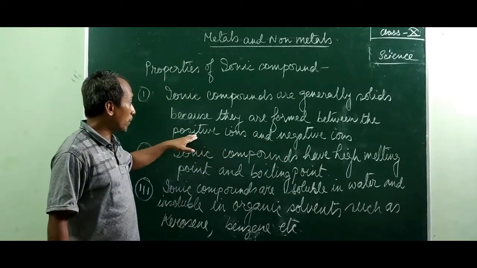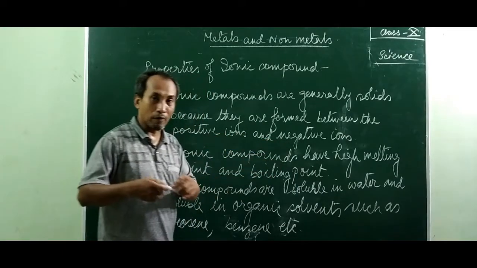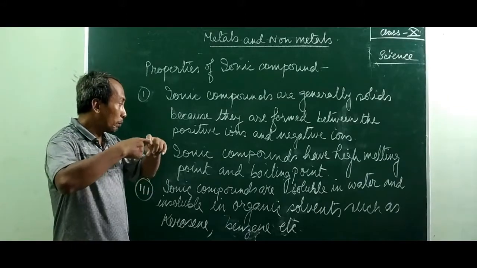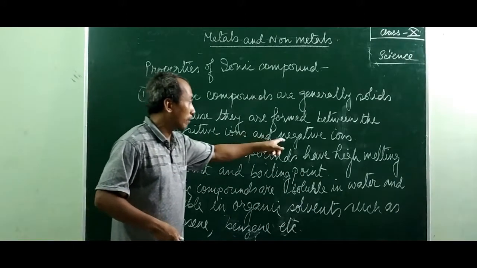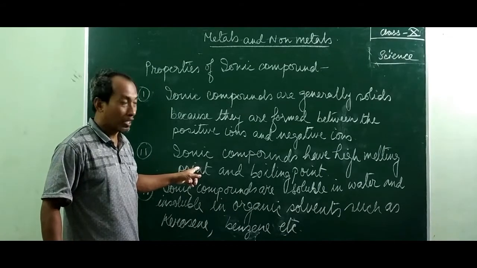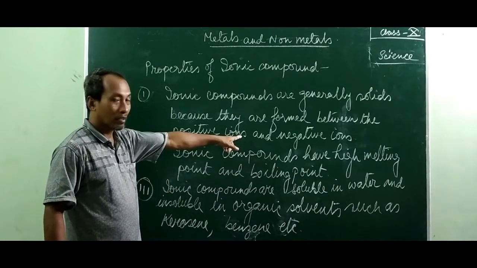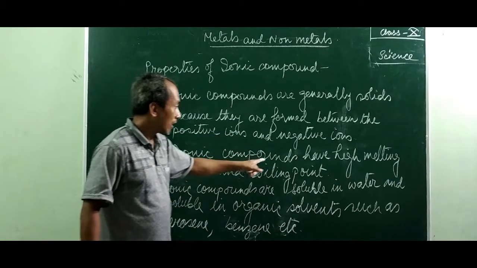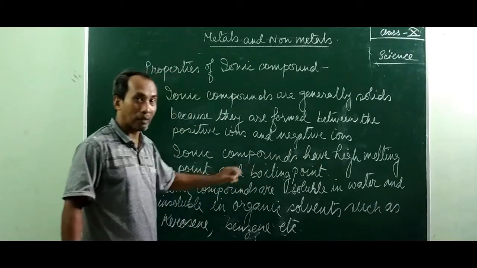Since they are formed of positive ions and negative ions, they have a very strong electrostatic force of attraction. To break up that strong electrostatic force of attraction, a large amount of energy is required. Therefore, they have high melting point and boiling point.